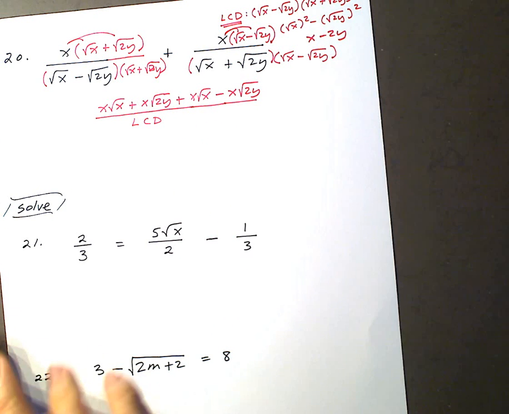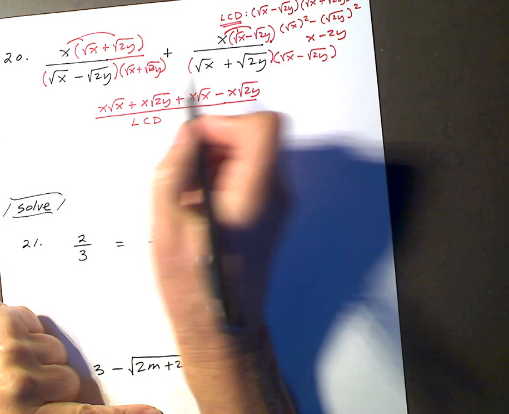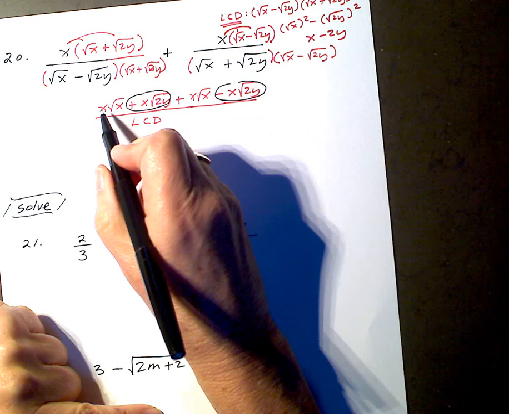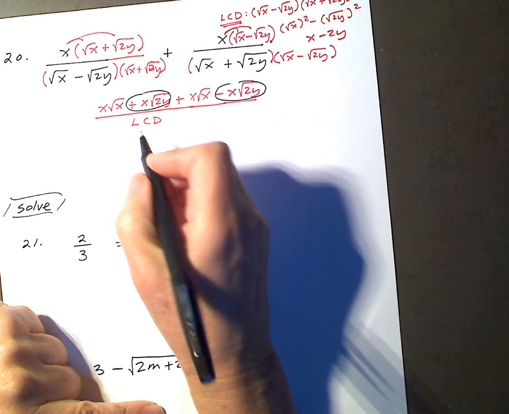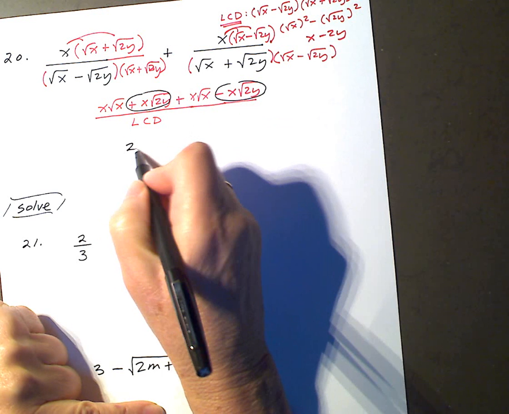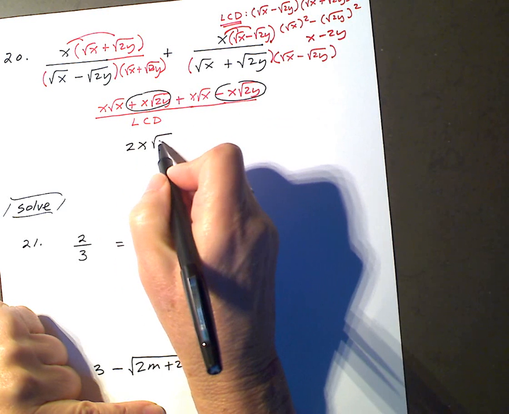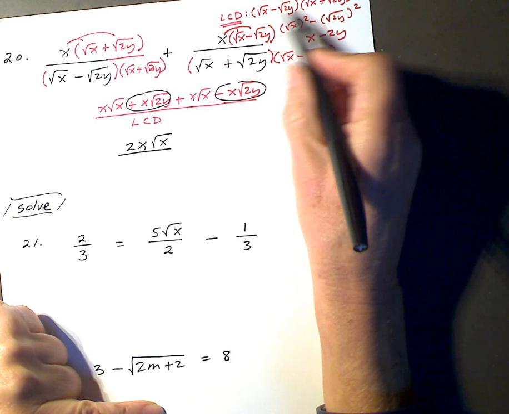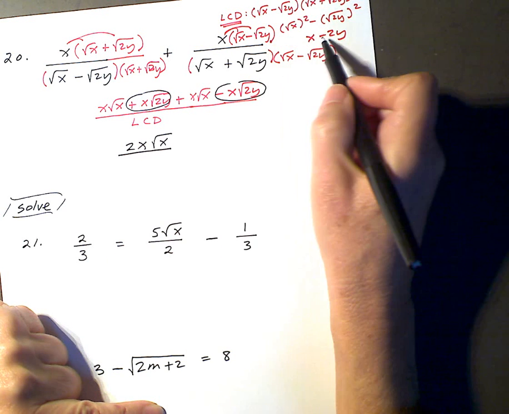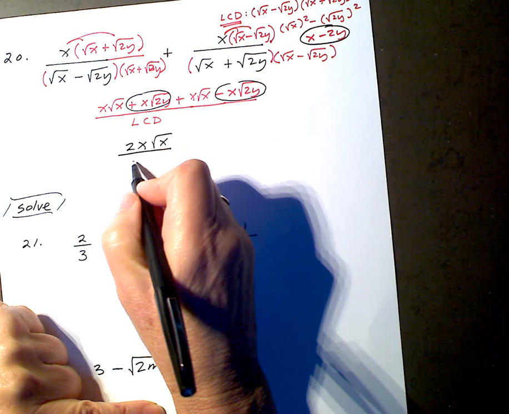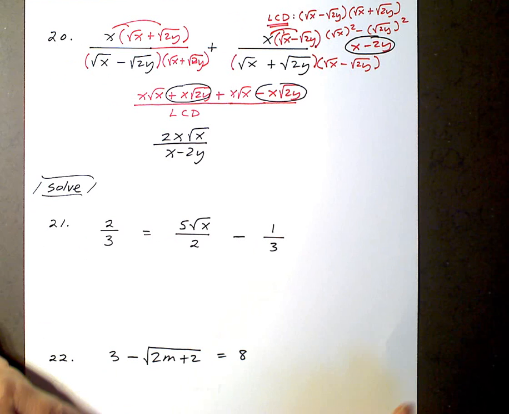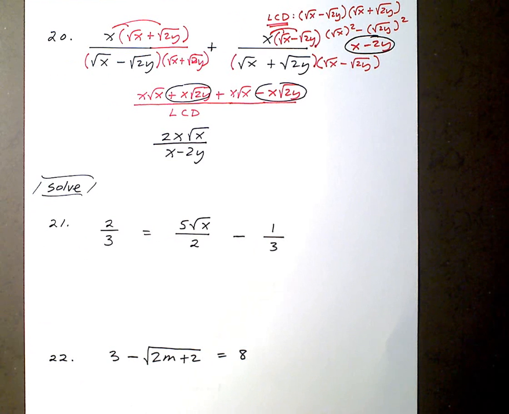So let's see, these two are opposites, those cancel each other out, and I get x root x plus x root x, which is 2x times the square root of x, over the lowest common denominator, which we already said was the product of these two, but when multiplied together it's x minus 2y. And that's as simplified as we can go. There are no common factors or anything there that can be canceled.